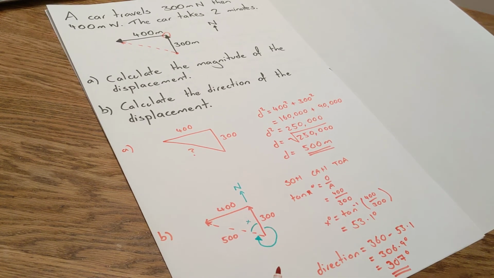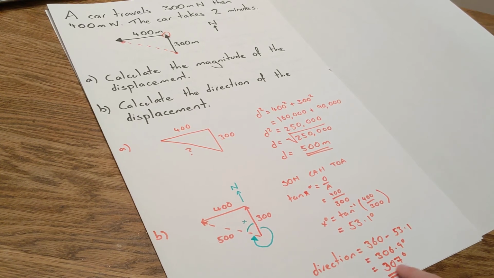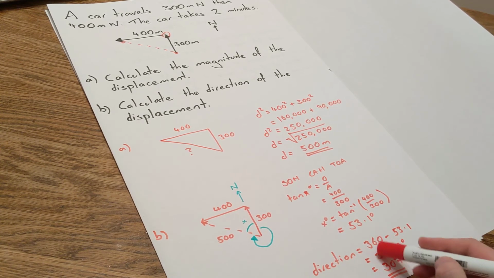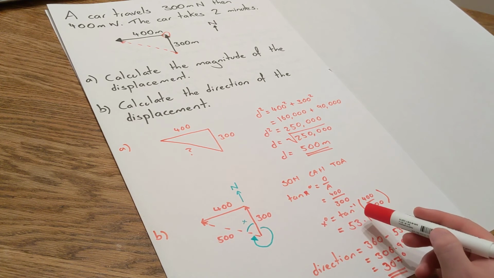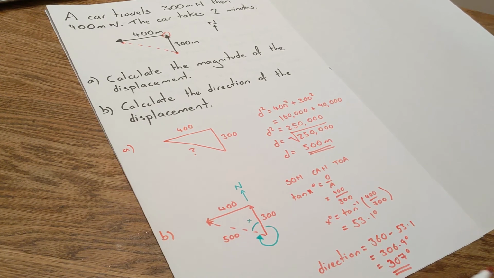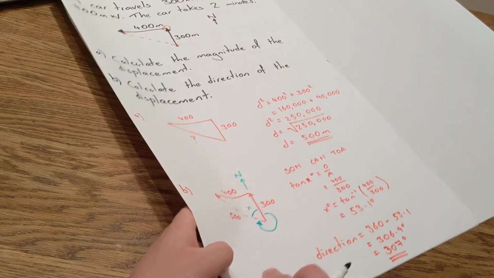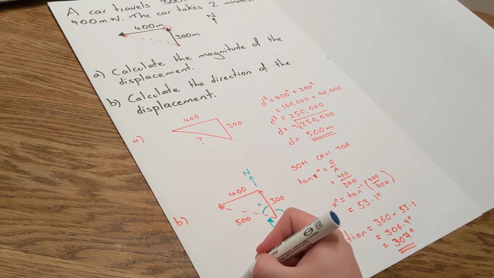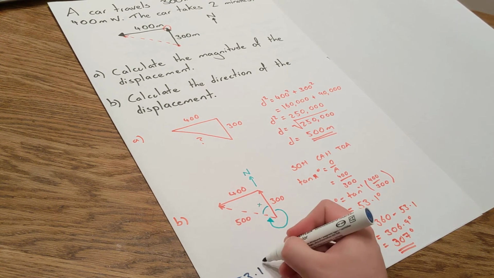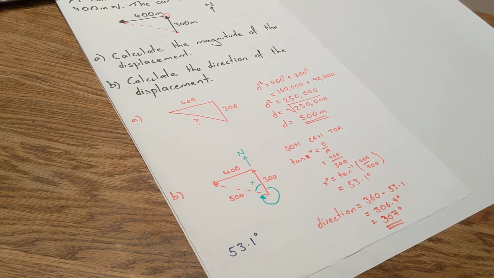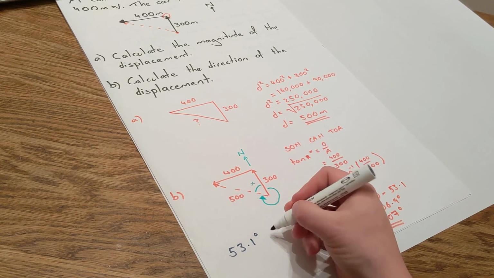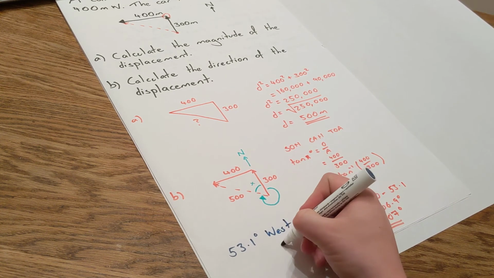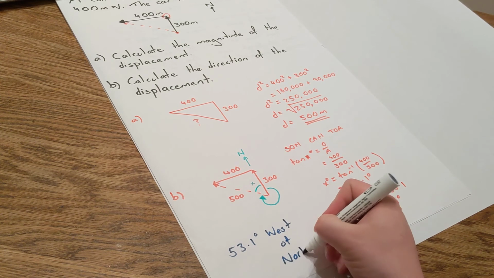Okay? You could do something else which is a little bit not standard. The standard for us in physics is always to write it as a 3-figure vector measured from north. However, if you didn't want to do this little calculation here, you could use your 53.1 and compare it to north. So another way of writing that, which wouldn't be standard but you would still get the marks for, would be 53.1 degrees west of north.